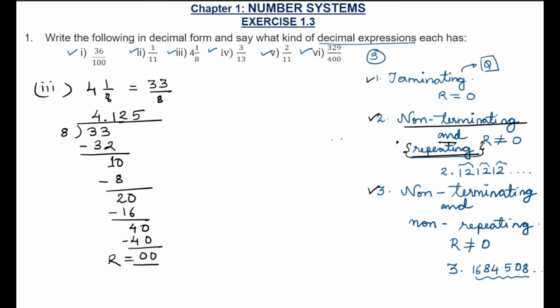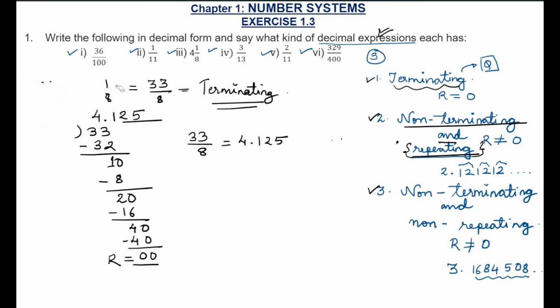So here the remainder is 0. It is a terminating decimal expression, right? It is terminating because we got the remainder value as 0, and the actual answer for the question is 4.125, right?